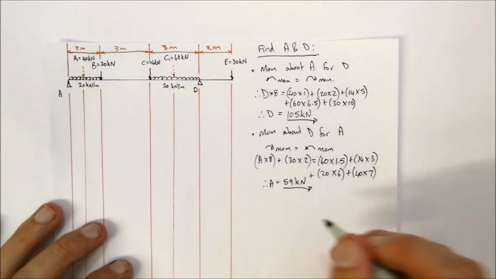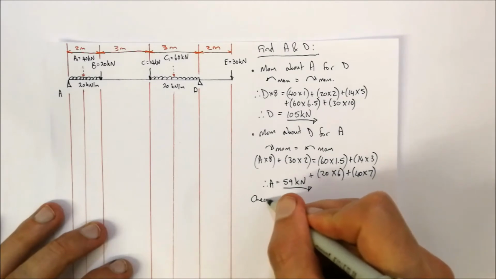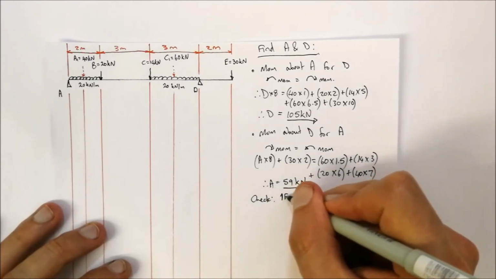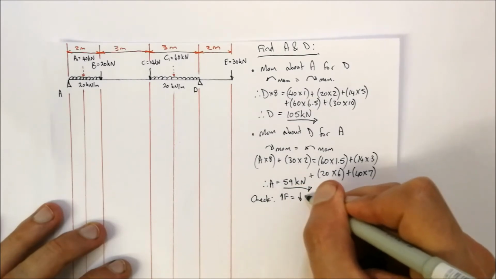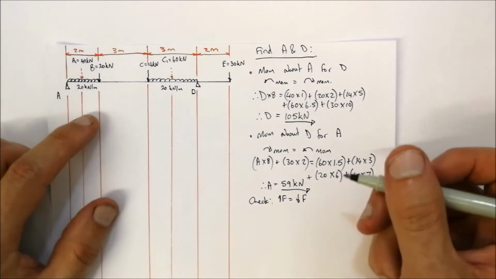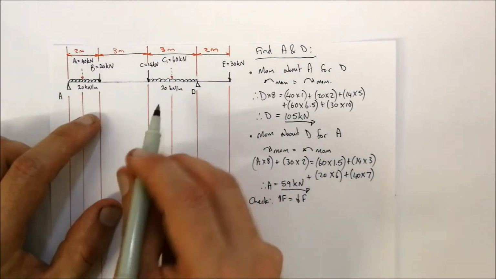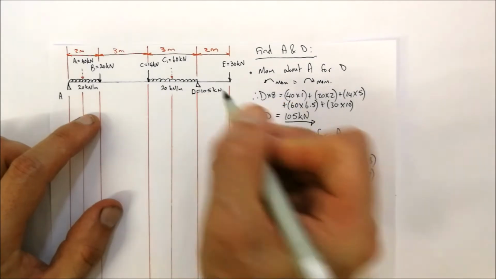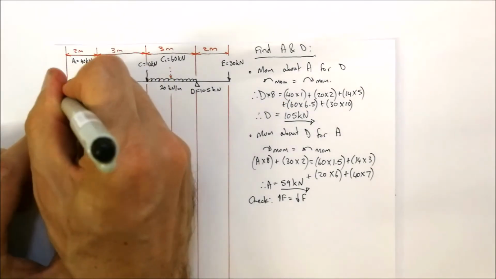Let's check to see if our calculations are correct. Remember, upward forces must be equal to downward forces. D over here is equal to 105 kilonewtons, and A we calculated to be 59 kilonewtons.